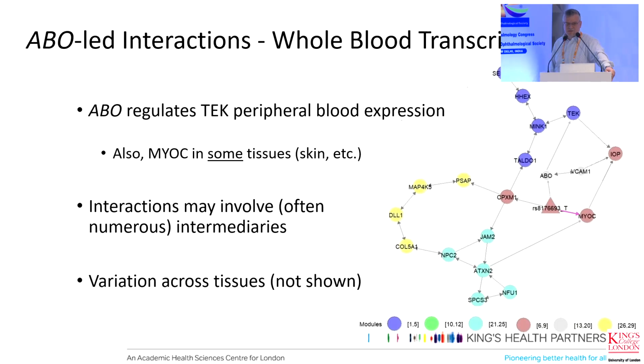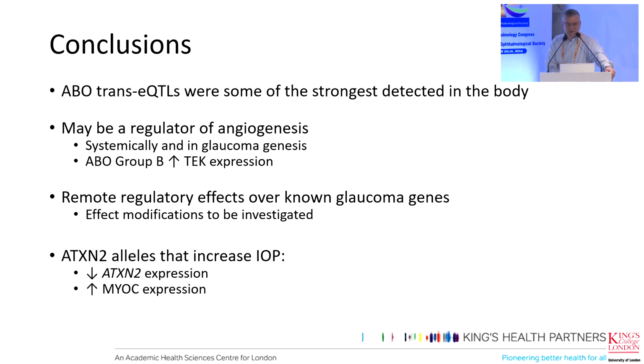In some tissues, also myocilin, somehow in the blood, but a lot stronger in other tissues that were available to us. They don't seem to be immediately related to glaucoma, but we saw very strong regulatory effects in skin. And those arrows hide the true complexity of those interactions. They are an oversimplified way to represent what we believe to be the reality.